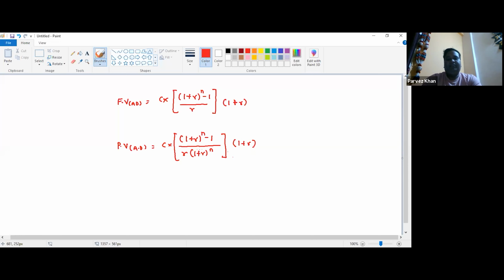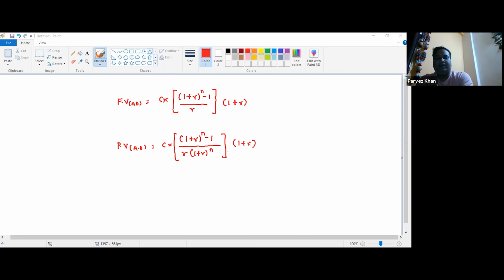Now let's see one question, write it down. I'll just type it in the chat box also. A couple wants to save rupees 5,000 as a down payment for their house after 5 years.